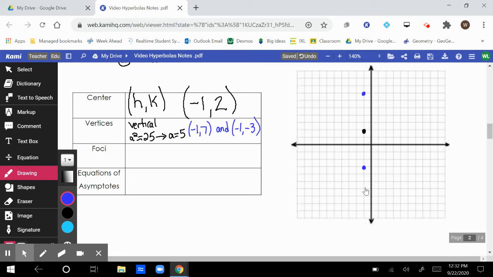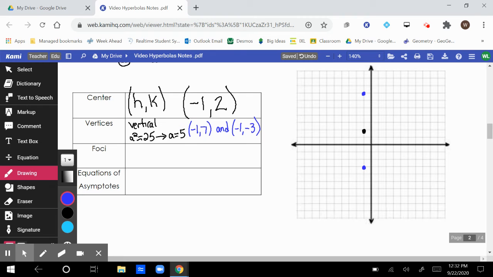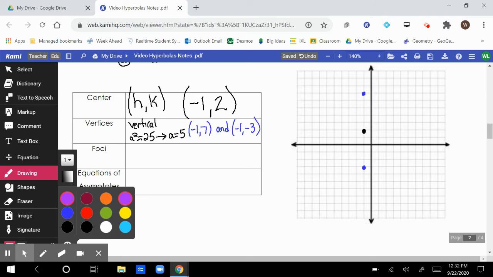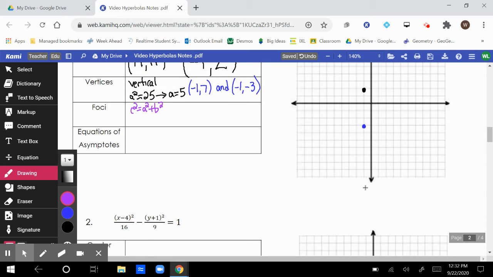All right, next is the foci. I'm going to do this in purple. Your foci equation is different here. It's c squared equals a squared plus b squared now. I'm going to do this below the box here.